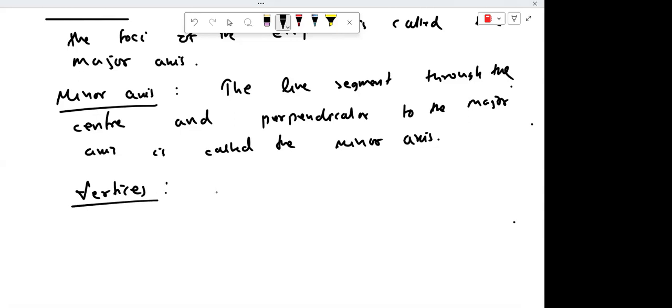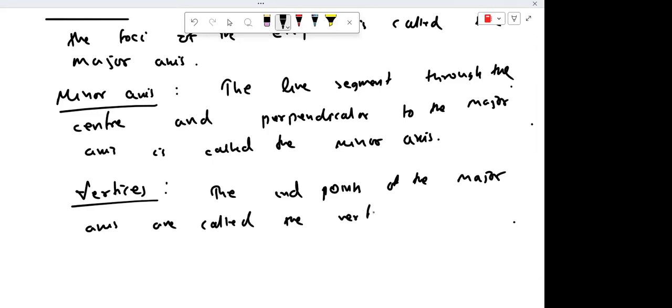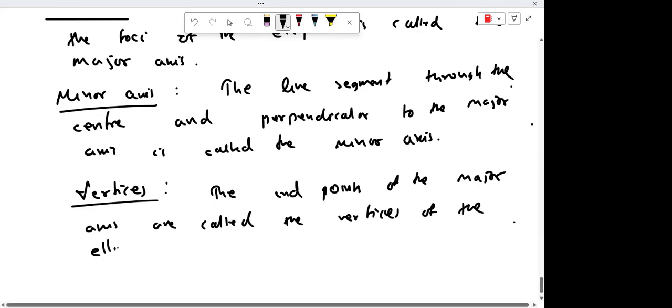And the ends of the major axis are called the vertices of the ellipse.